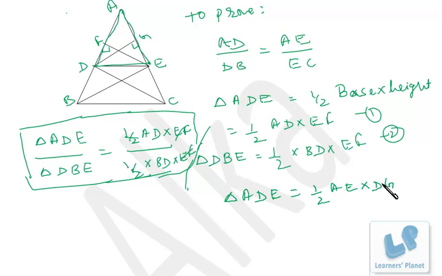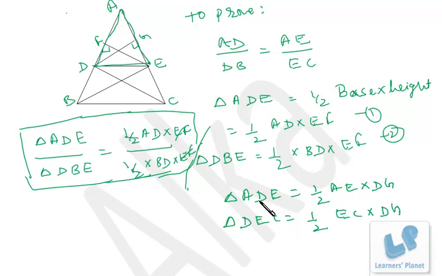Similarly, we can calculate the area of triangle DEC. Half, base will be EC and altitude will be DG, right?